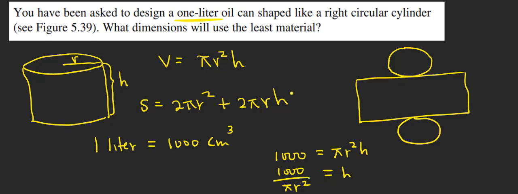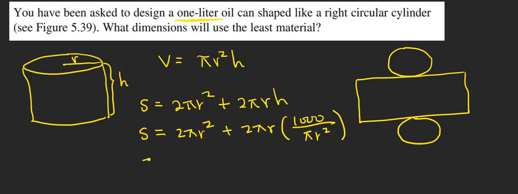So instead of this h, we could substitute 1,000 over pi r squared. Now let's simplify. You get 2 pi r squared plus, pi cancels out, r cancels out, so you get 2,000 over r.